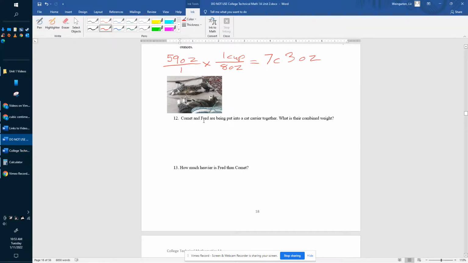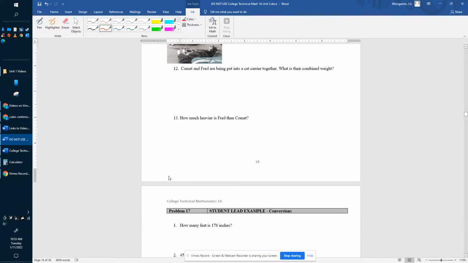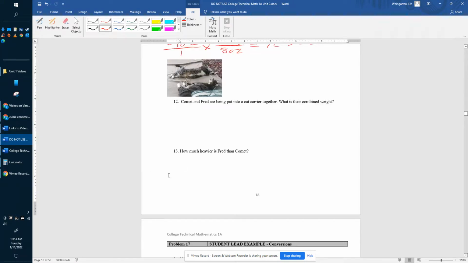Well, we aren't given their original weight, but I will tell you the answer to problem 13 is Fred is 3 pounds and 2 ounces heavier than Comet. Their combined weight is 20 pounds.